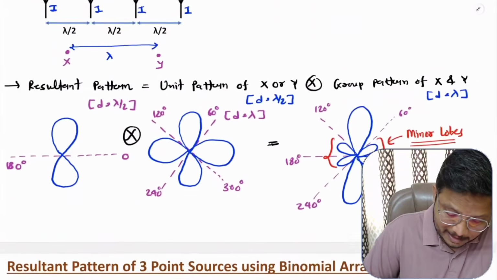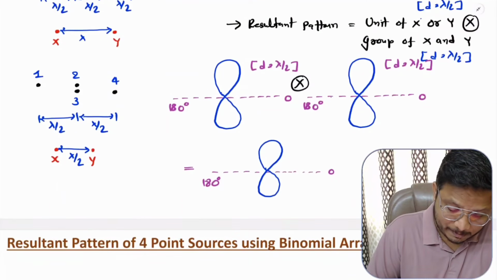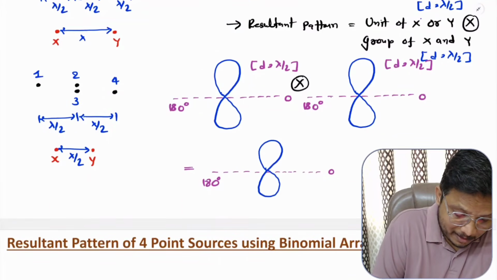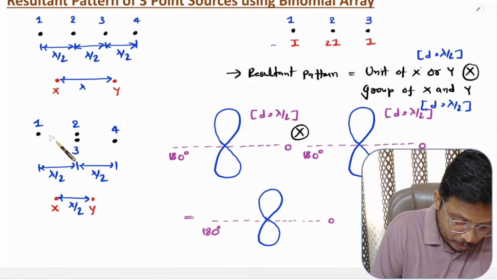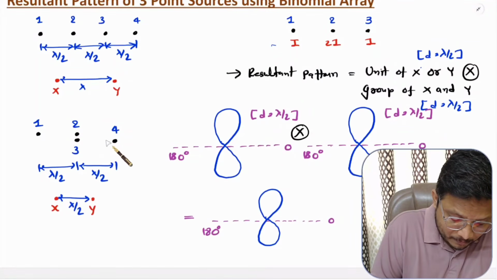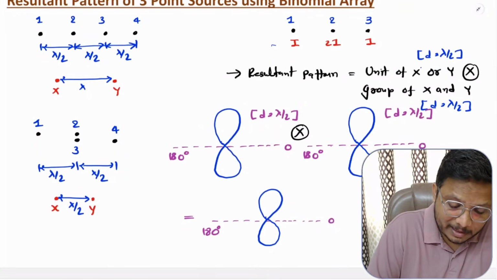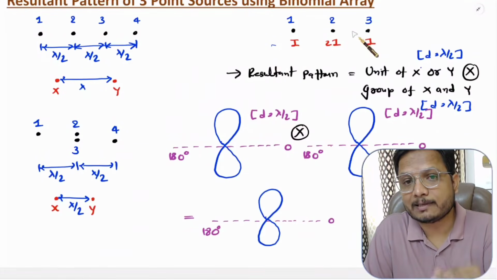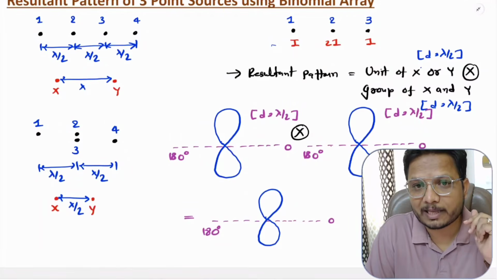Current distribution 1, 2, 1 comes from 1, then 1 plus 1 is 2, and here it is 1. In total 4 elements were there, but after clubbing 2 and 3 together, we have only 3 elements. That is how the radiation pattern happens with a binomial array.